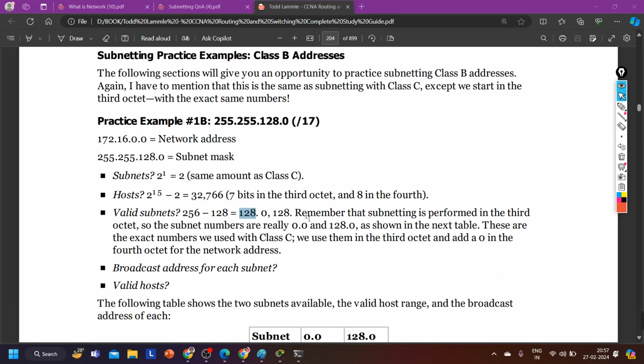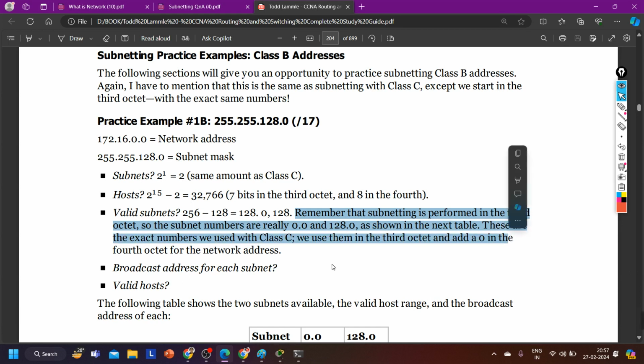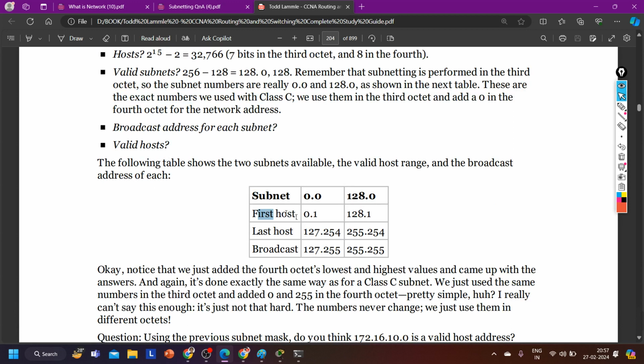So you can read more about it. Can anyone read it, guys? Remember that subnetting is performed in the third octet. So the subnet numbers are 0.0 and 128.0, shown in the next table. Fine. First host of the first subnet is 0.1, and the first host of this network is 128.1, right?